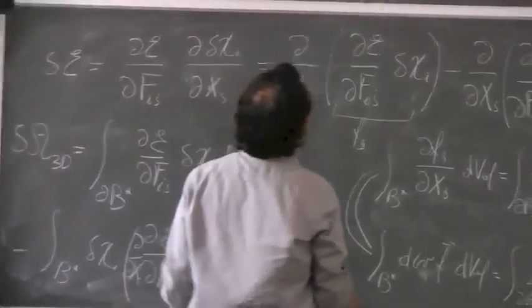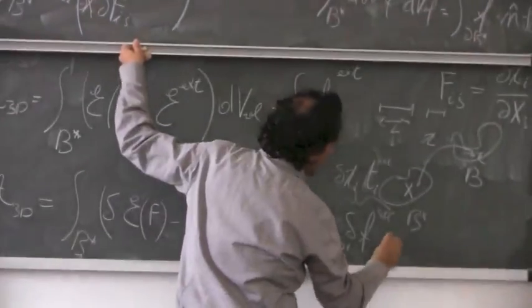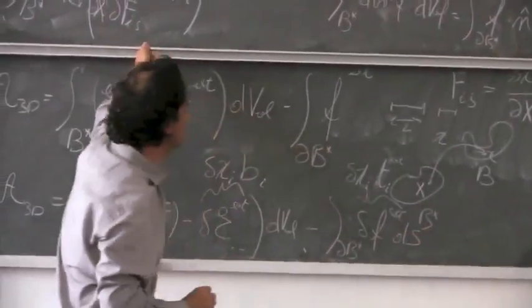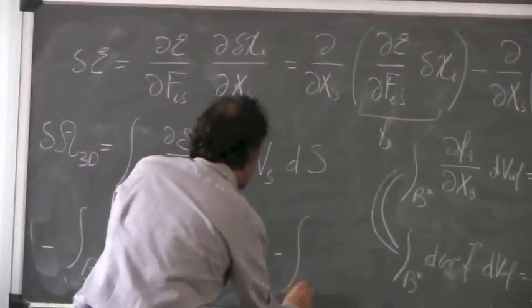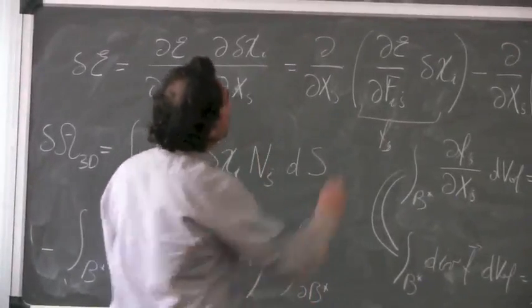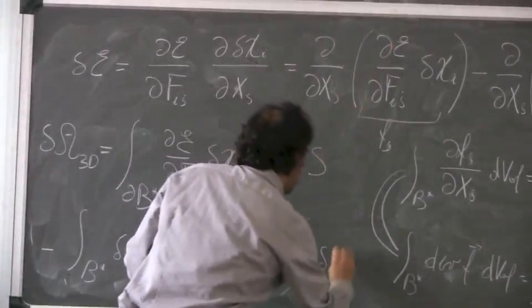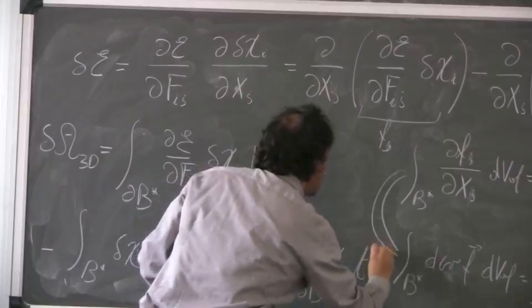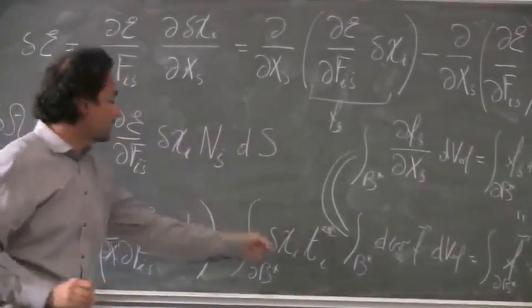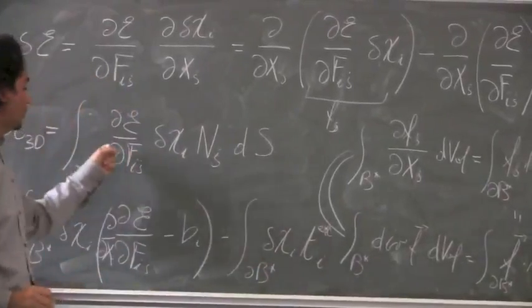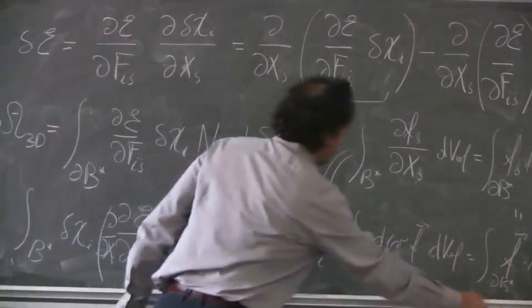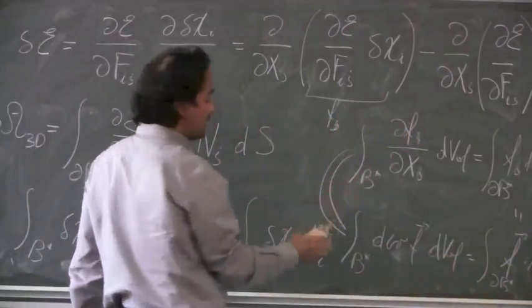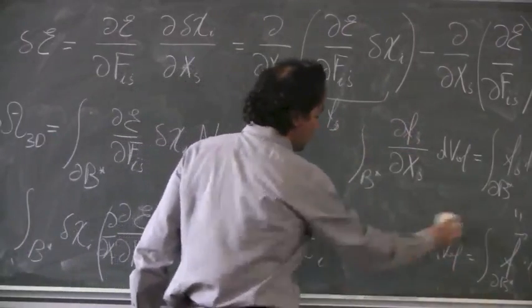Of course this is an integral over the surface. Here we have minus the integral over the surface of delta xi P external i. You can see that you can put together these two terms. I erase now the divergence theorem or Gauss theorem.